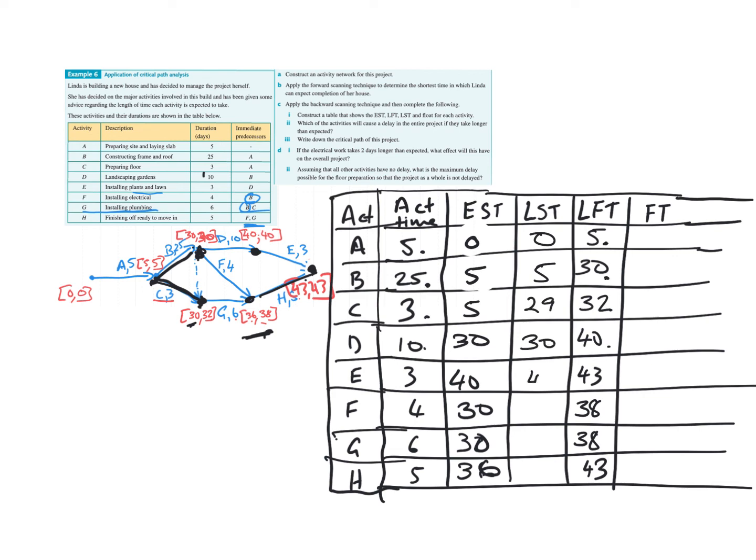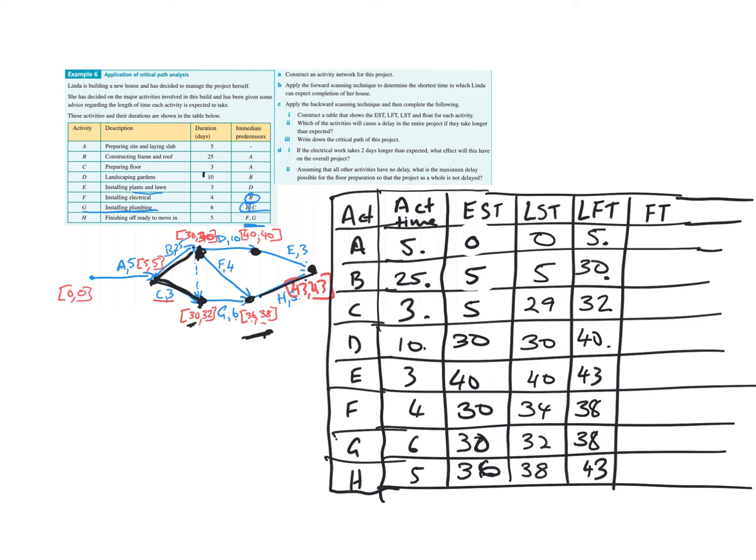You get the picture. So now we have our latest starting times and our latest finishing times. And one of the reasons I did the table a little bit differently to the book is these are ones we're sort of comparing now here. We have the earliest starting time and the latest starting time. And this will help us determine our float times a little bit quicker.